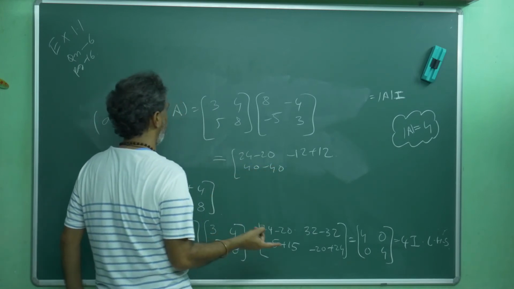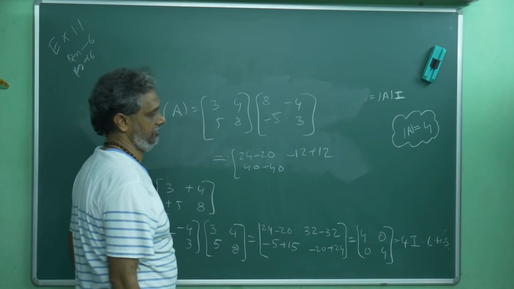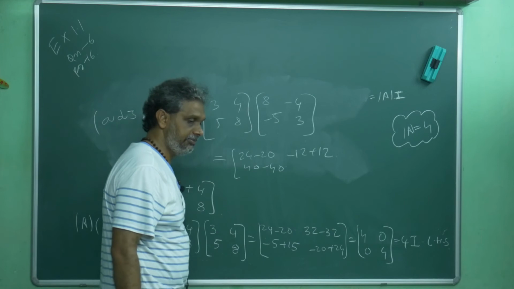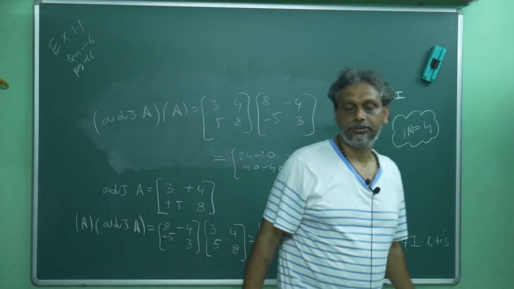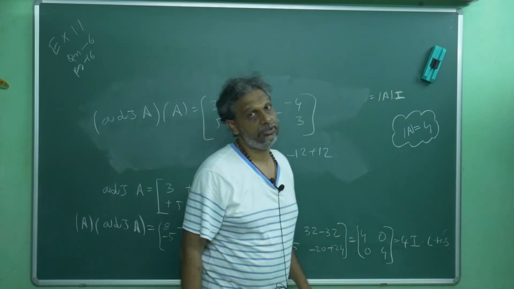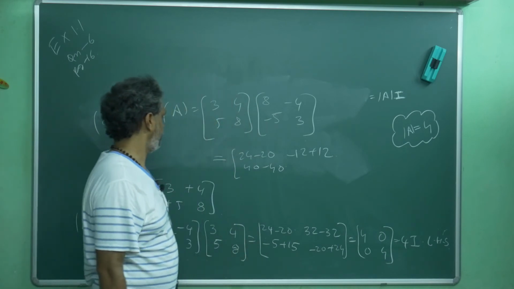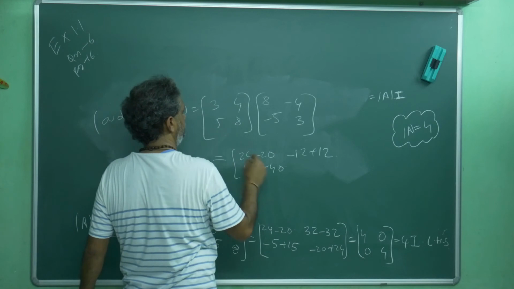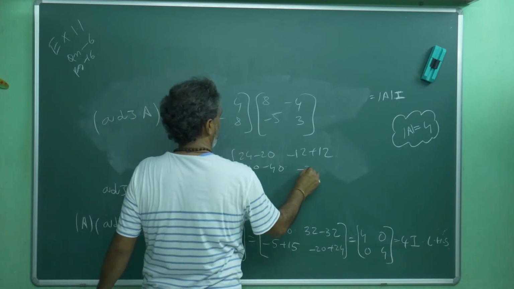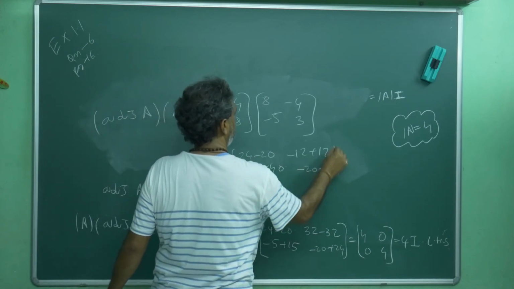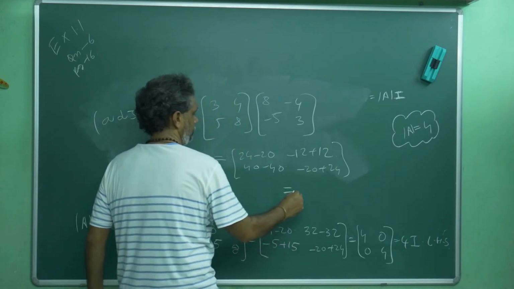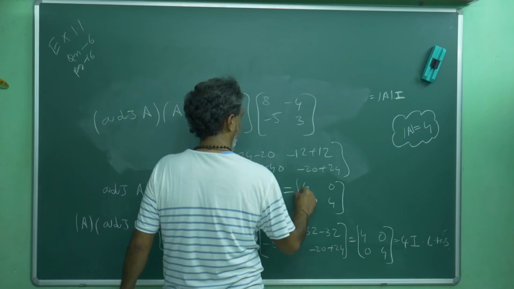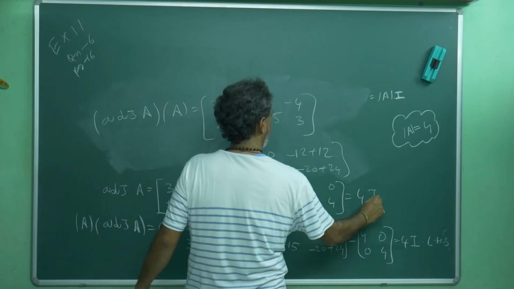See, AB is not equal to BA always in matrices. Not always, maximum. See, mathematically, one time you fail means everything fails. So the commutative rule is not allowed in matrices. Then second row, second column: minus 20 plus 24. So this is equal to [4, 0; 0, 4], which is equal to 4 into I.